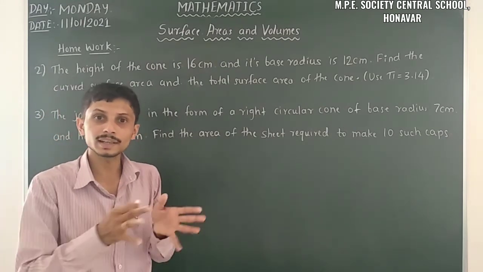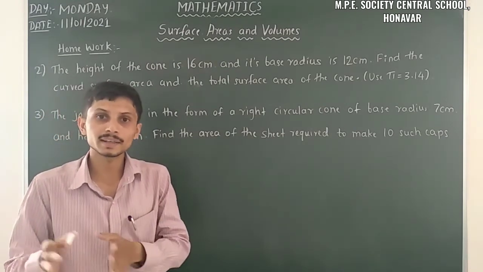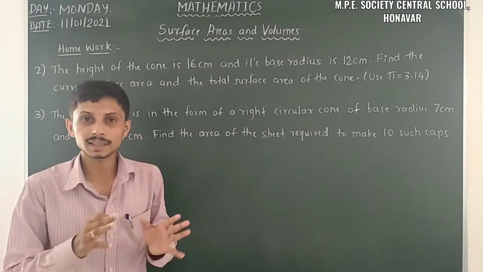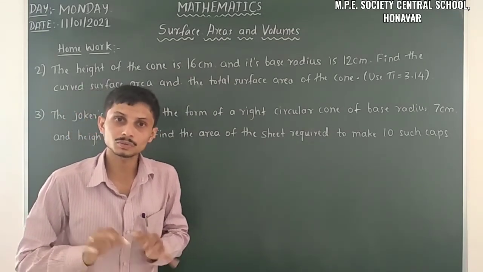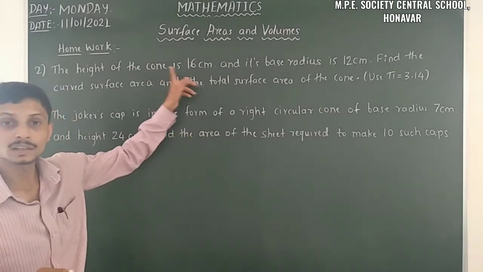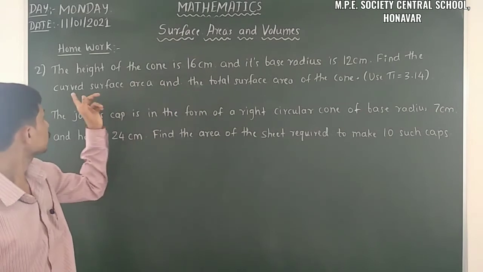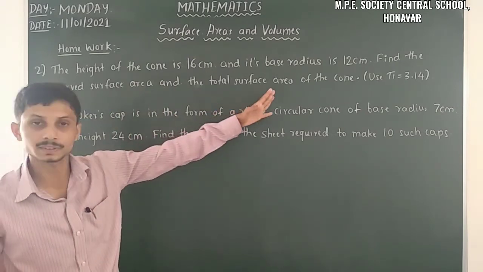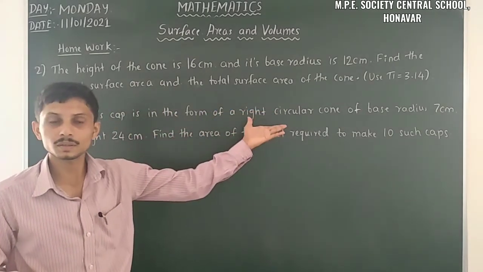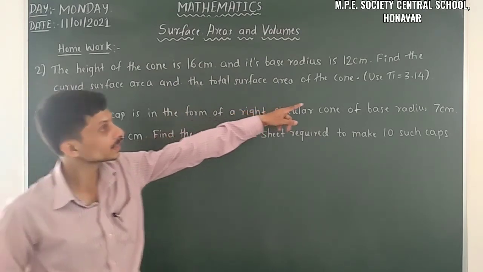That is, using the relationship between the slant height and the height of the cone, L is equal to square root of r square plus h square, we have to find the slant height, and then we have to find the curved surface area and the total surface area of the cone.